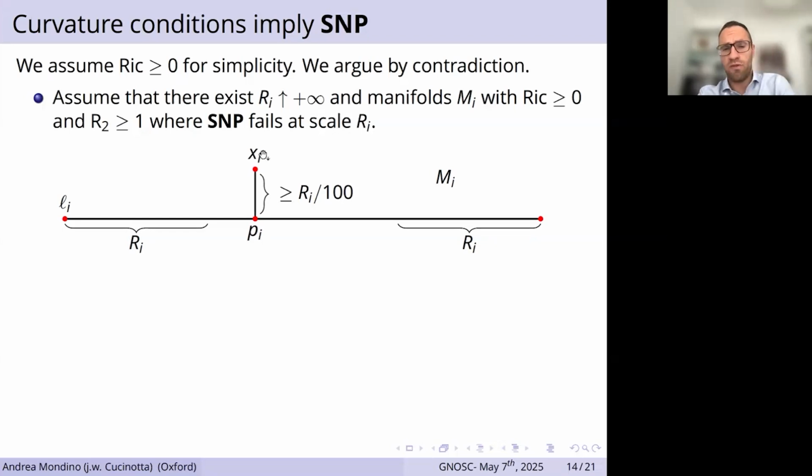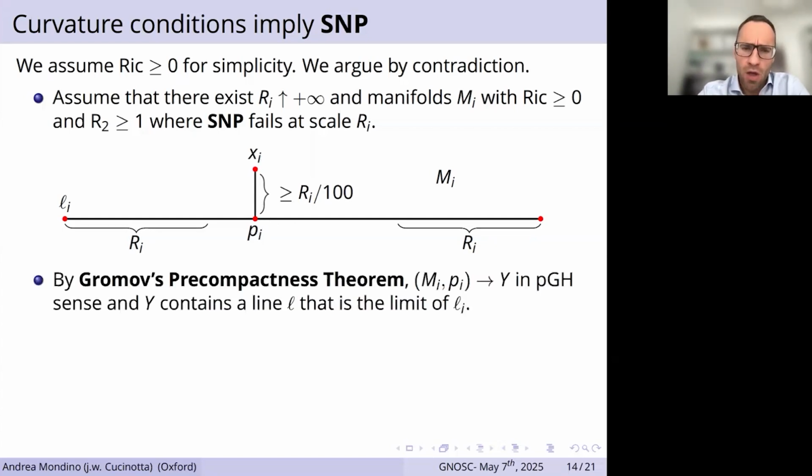What does it mean that the segment neighborhood property fails at scale R_i? It means that we can find long segments L_i, of length bigger or equal than 2R_i, and we can find points x_i which project in the middle part of this segment, but these points are far away from the segment. The distance from this point to the segment is bigger than R_i over 100. And this R_i is going to infinity.